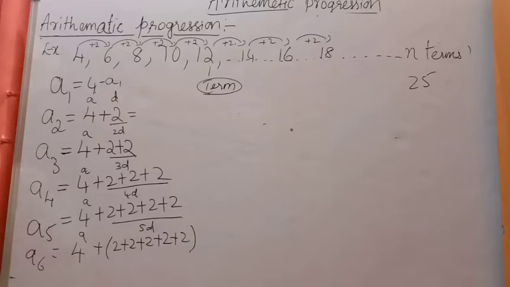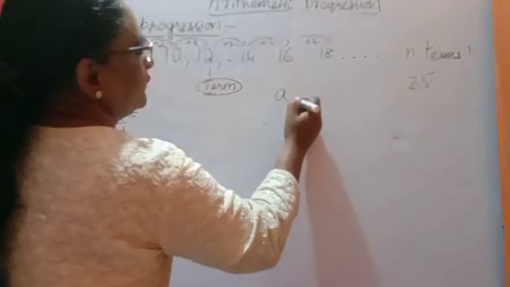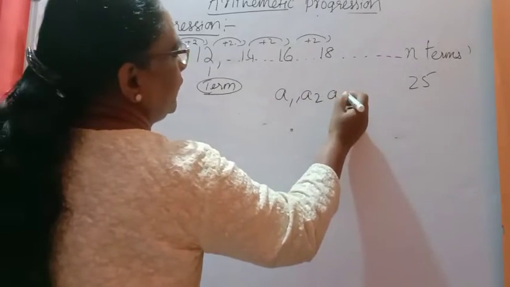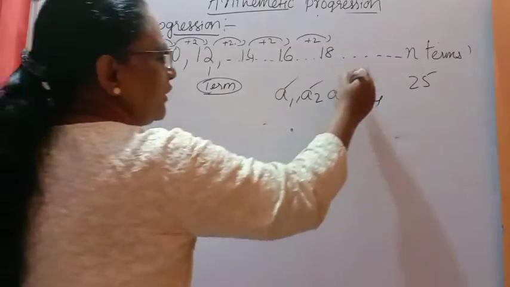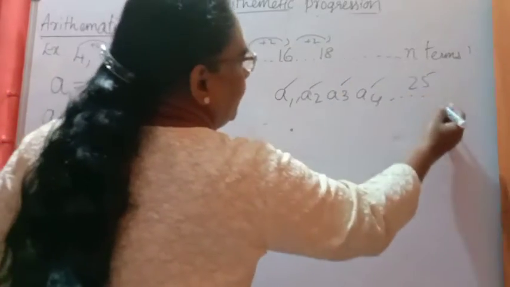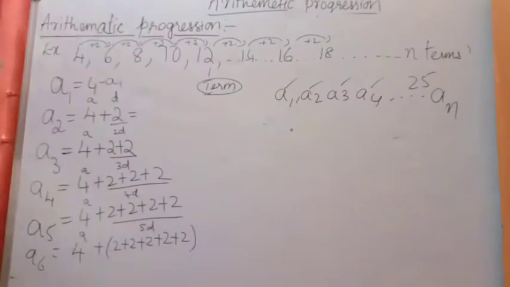So the first term we call A1, or A you can say. Second term A2, A3, A4, like that. A1 means the first term, A2 means the second term, third term, fourth term, like that. Nth term means An.